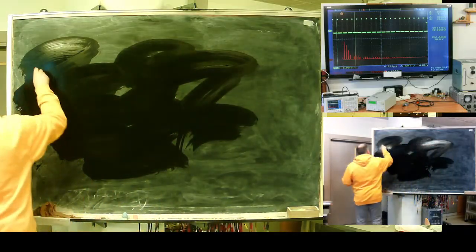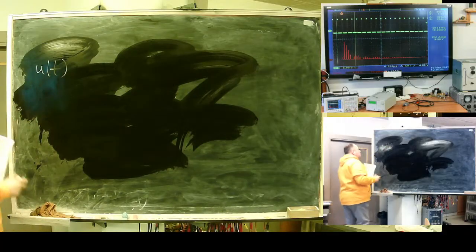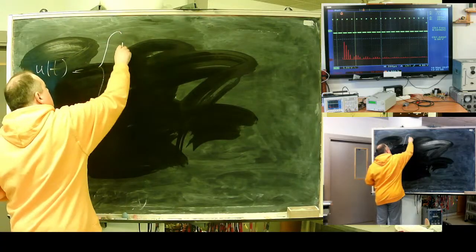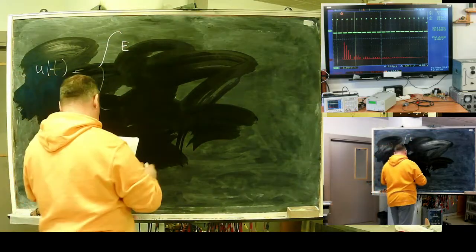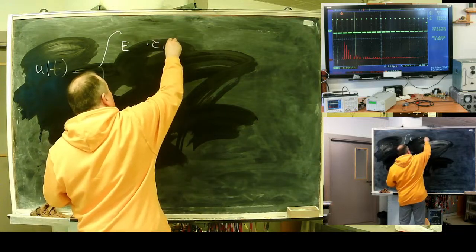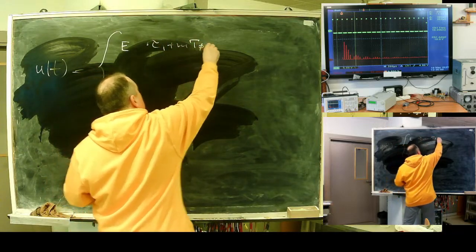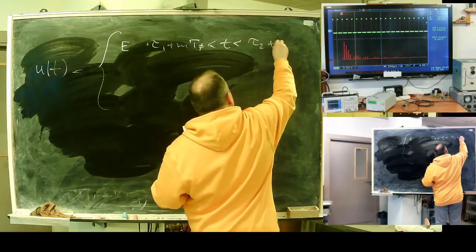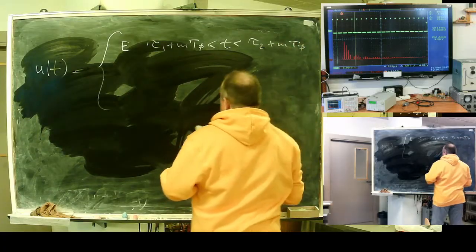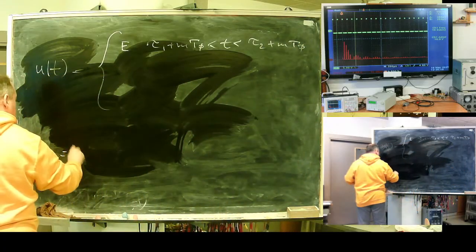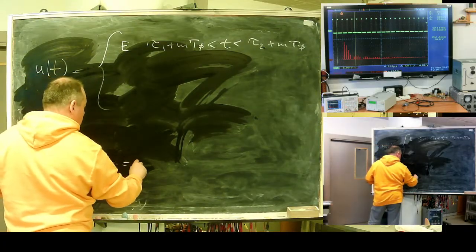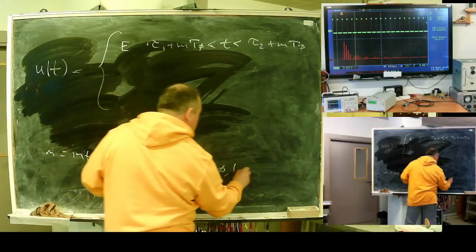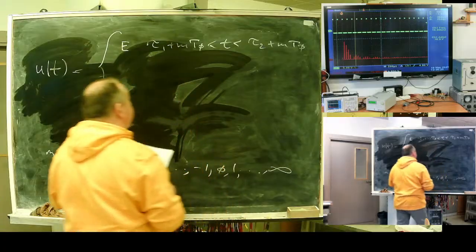What will be the mathematical description of my sequence? It equals voltage E starting from tau 1 plus m T0 and ending at tau 2 plus m T0. Here m is an integer: minus infinity, ..., minus 1, 0, 1, ..., infinity.